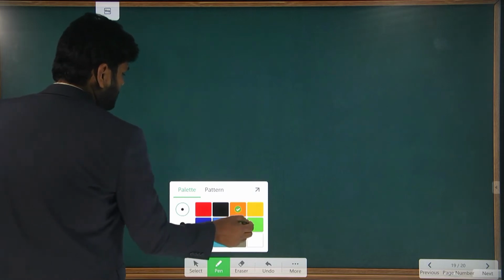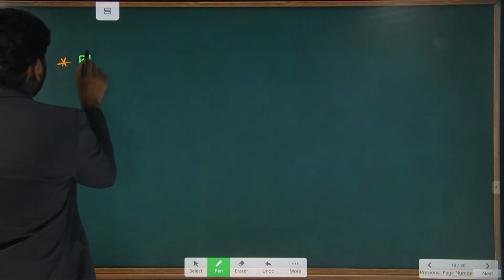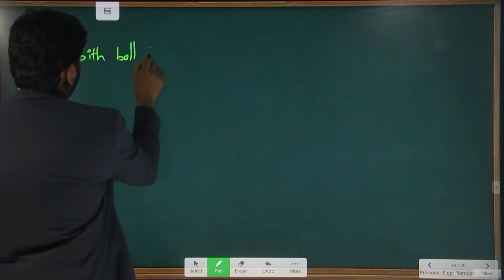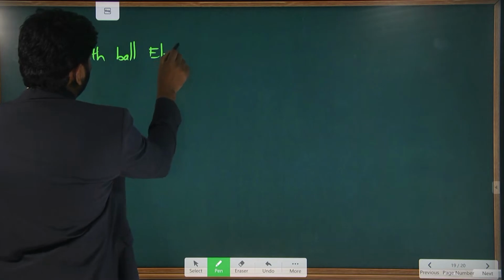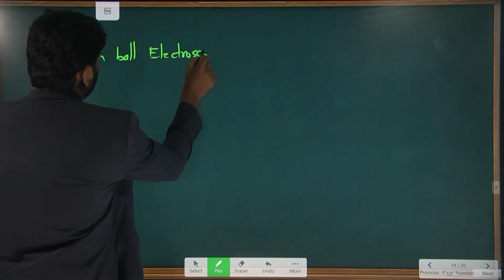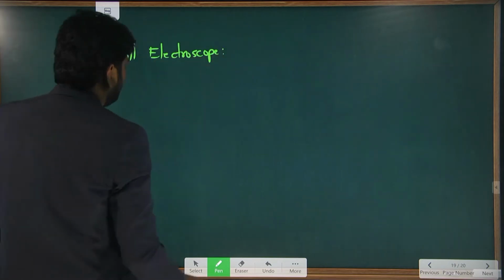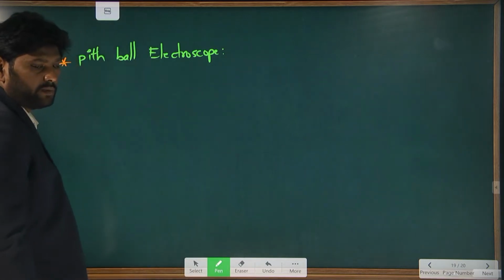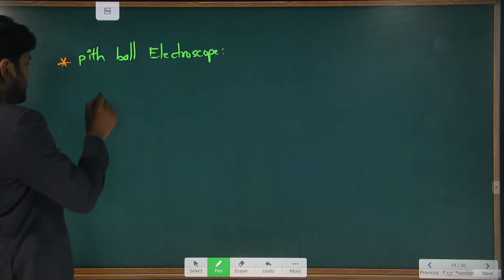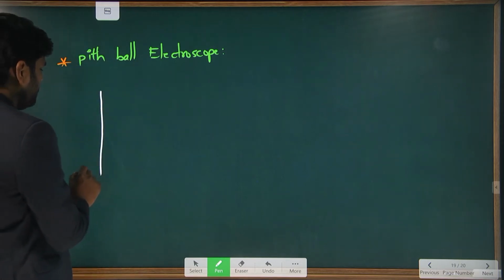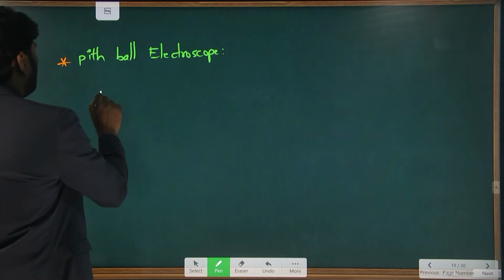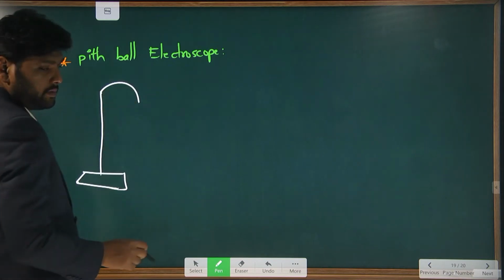What is this pith ball electroscope? It has a stand. On this stand we hang a non-conducting hanger.